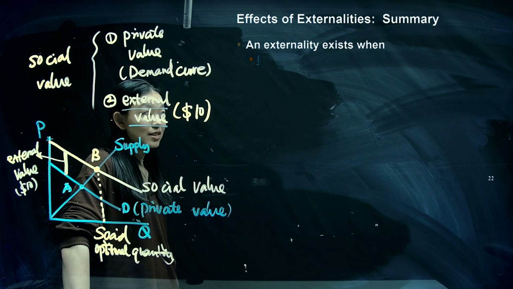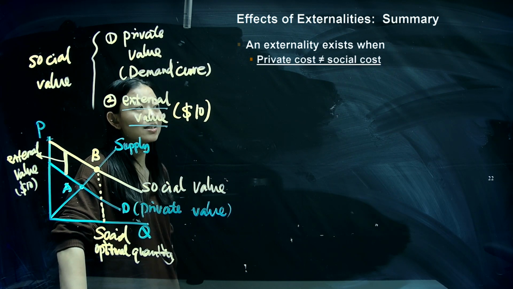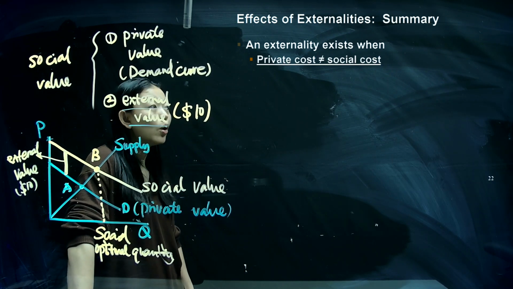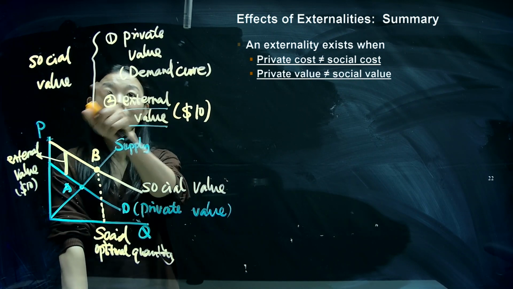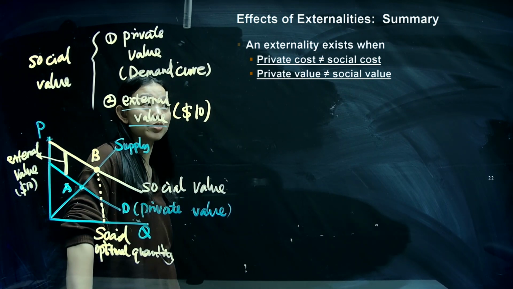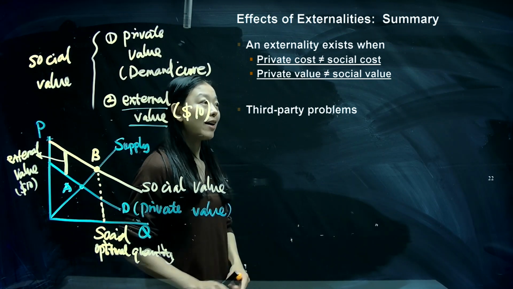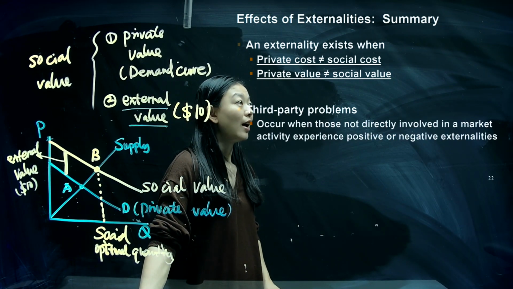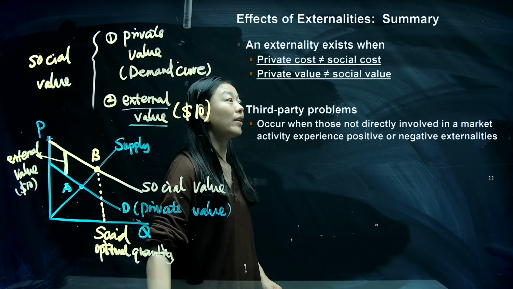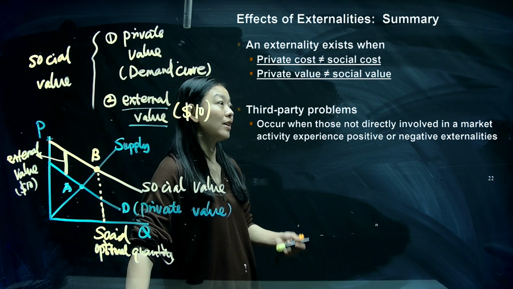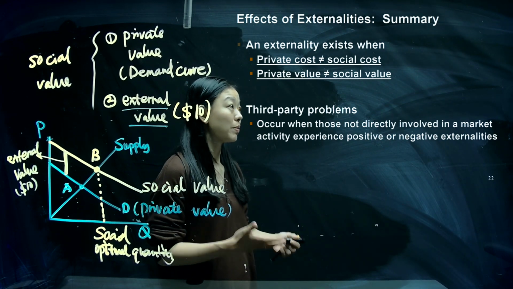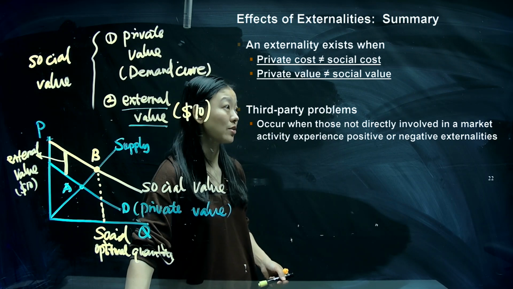An externality exists when private cost doesn't equal the social cost, or when private value doesn't equal social value. We will have the third party problems. It will occur when those not directly involved in a market activity experience positive or negative externalities.